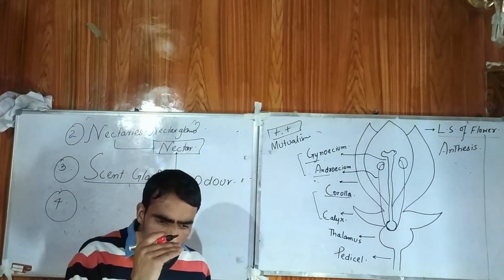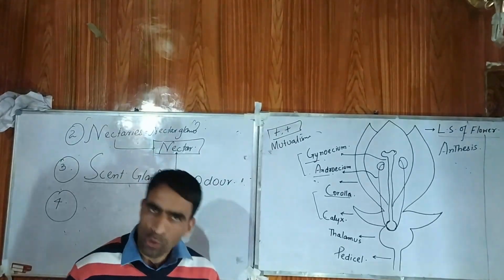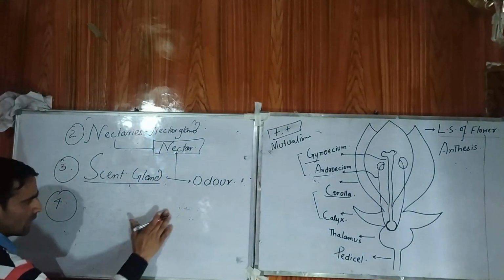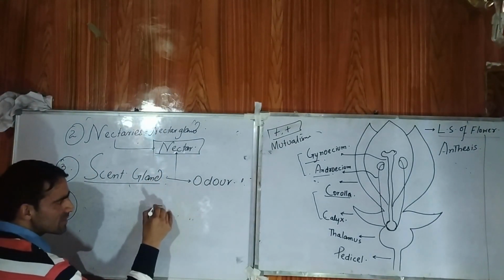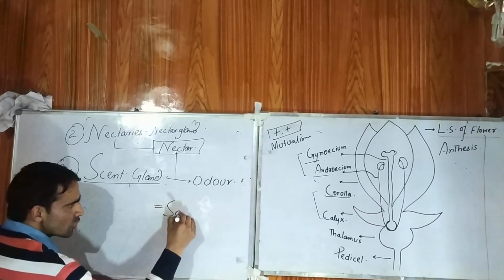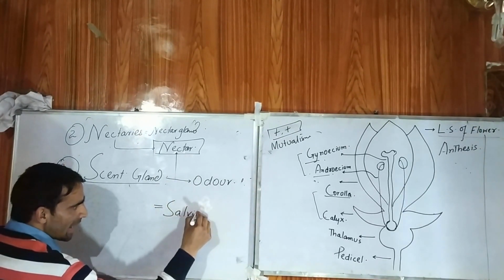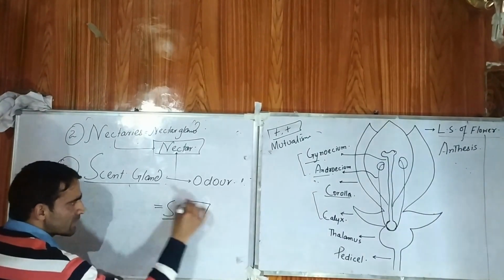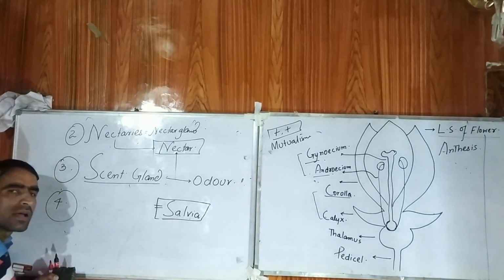एक बार एक pollination explain होती है reproductive biology में, that pollination is done in angiosperms, and one of the specific example of this pollination is salvia.